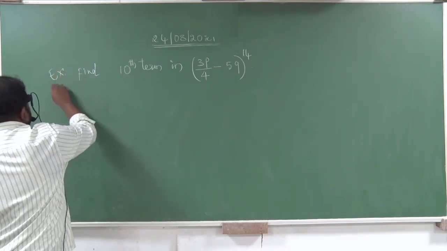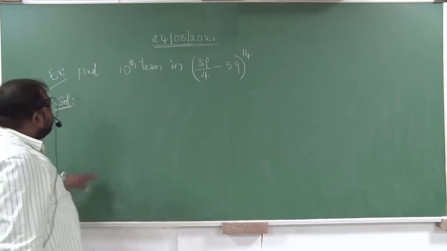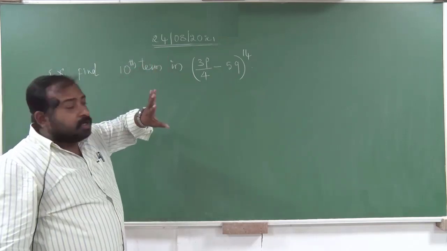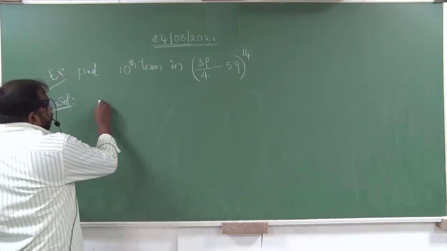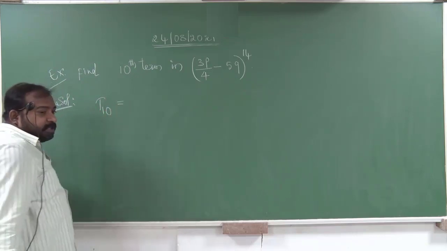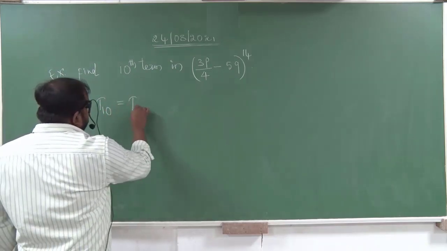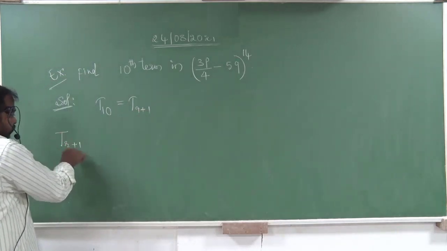Listen, so in this expansion, how can we identify the 10th term? The 10th term is T10. How can you write it? First of all, the general term is T(r+1).